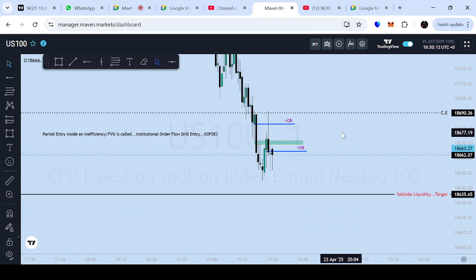That's the order block, last up close candle. That's last bullish close candle there. This is the next close candle.